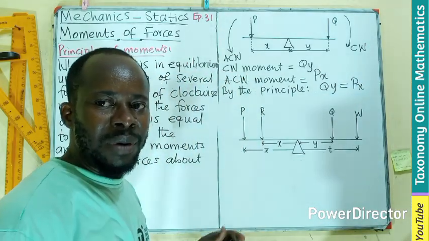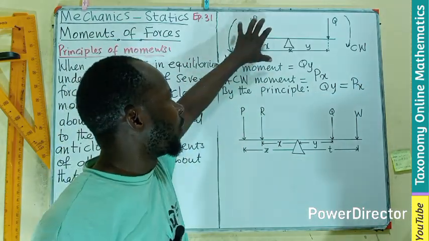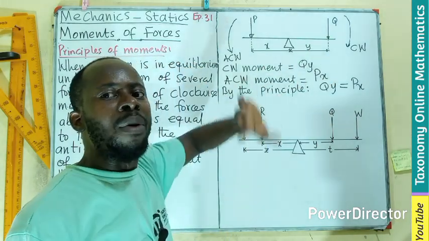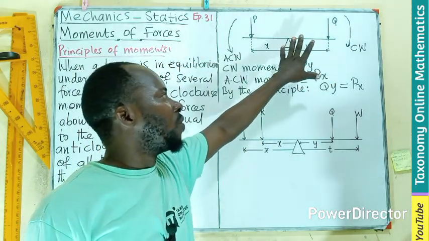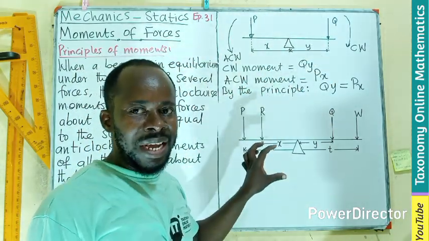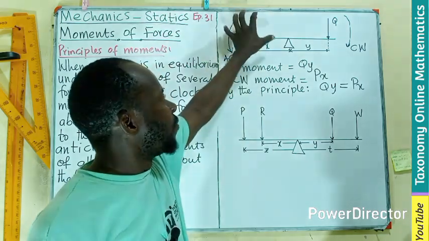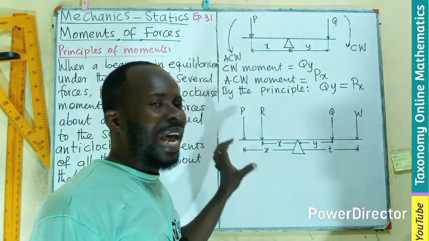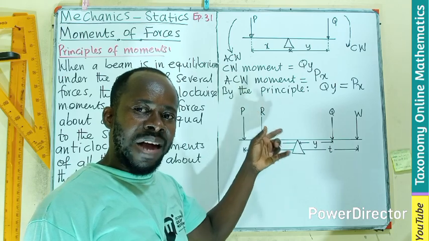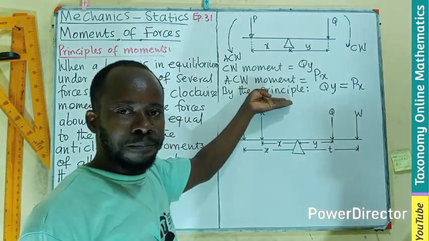If you find the moment, so the moment of the clockwise forces, the sum of all of them, we can see only one force moment moving in the clockwise direction, and one force moment moving in the anti-clockwise direction.